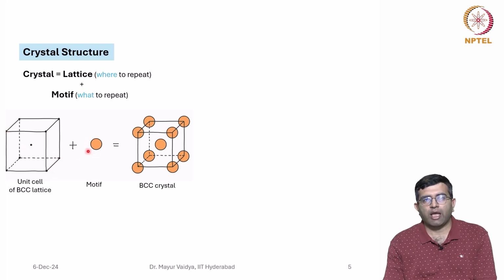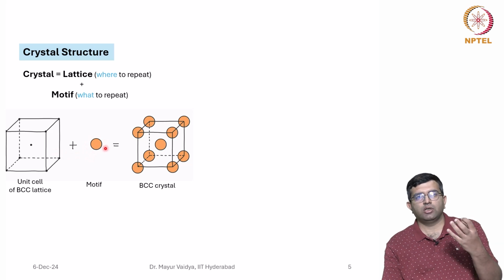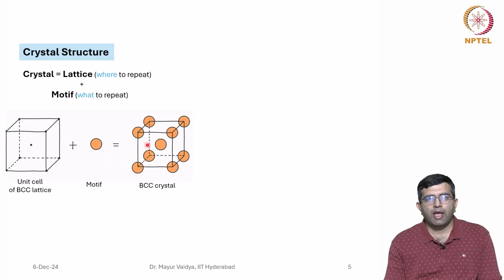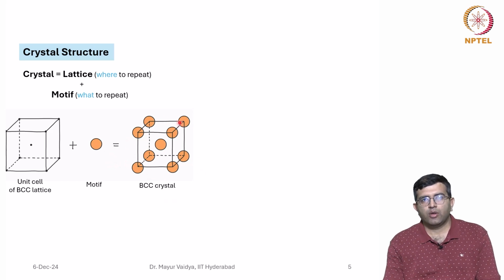Now, when you put in the actual motif, the atom, or a molecule it can be, then you generate a BCC crystal. So this is a crystal and this is a lattice. A crystal is when the motif is added to a lattice.